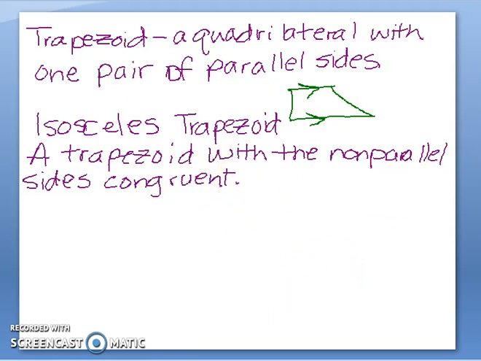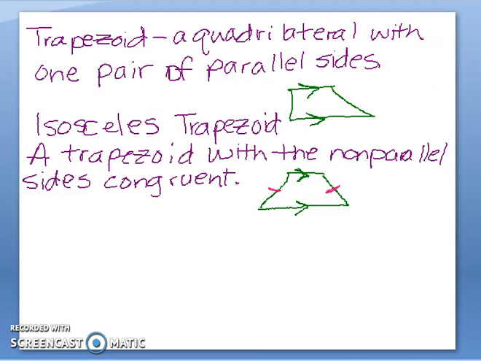Okay, so an isosceles trapezoid is a trapezoid with the non-parallel sides congruent. So typically they have the same setup as a trapezoid. Here are my parallel sides, except this time these non-parallel sides are congruent. So these two sides would be congruent.